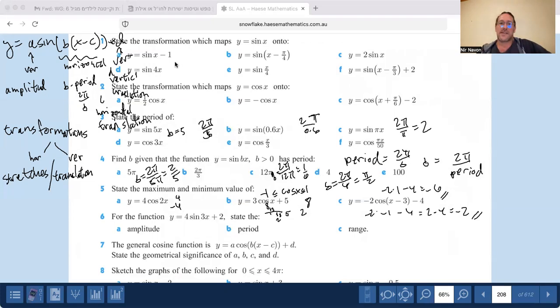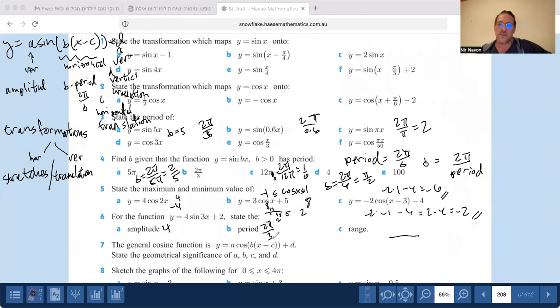Question number 6. This would be the amplitude. The period would be 2π over 3. Okay, using this formula, 2π over b. And the range, okay, is the possible values for y.